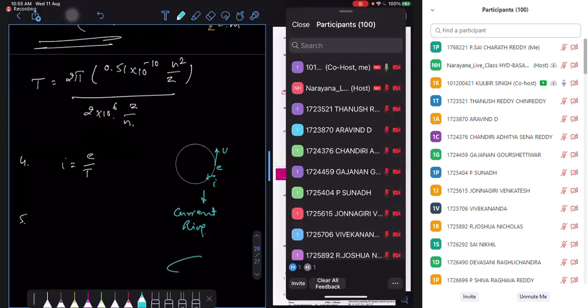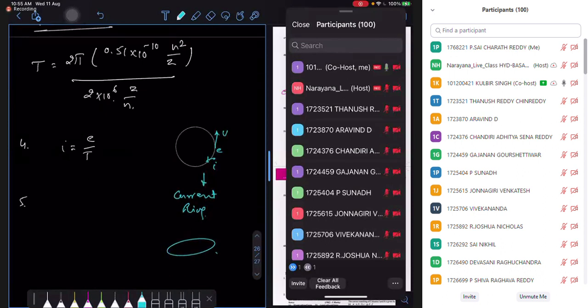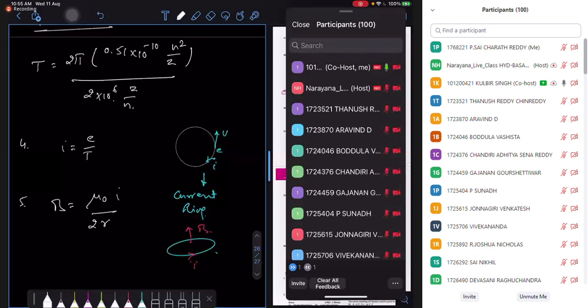For the magnetic field, you can apply the concept of a current ring. So there is a current. Magnetic field at the center of the ring, how much is the magnetic field? We have derived the formula for the magnetic field. That was mu naught I divided by 2r. It's going to be mu naught I by 2r.